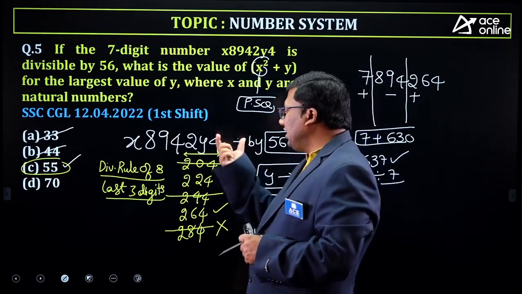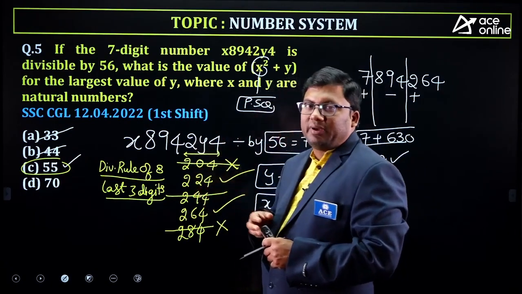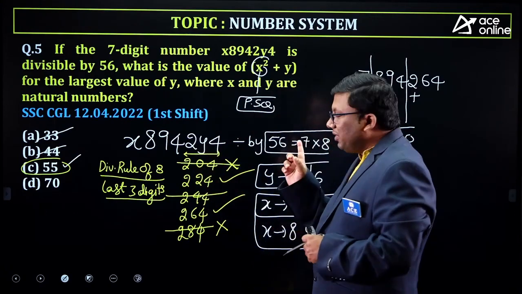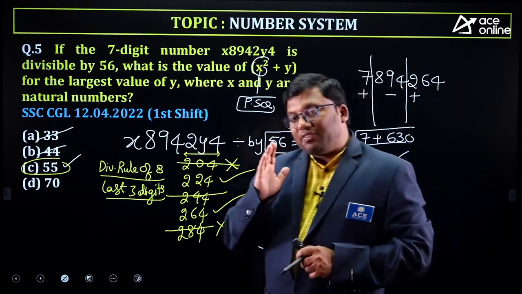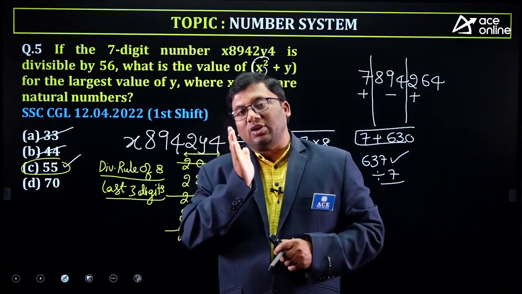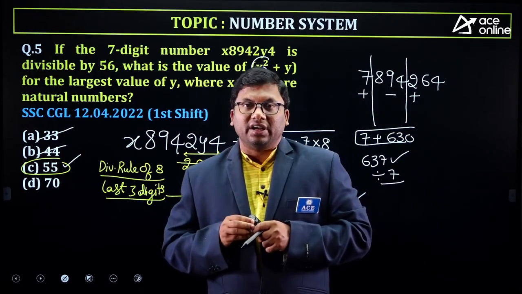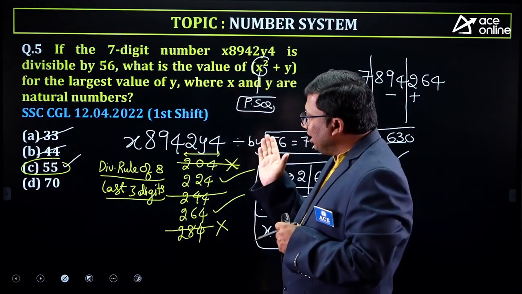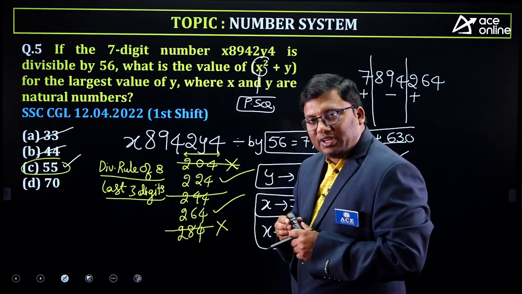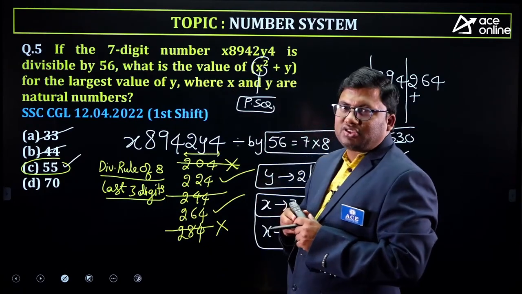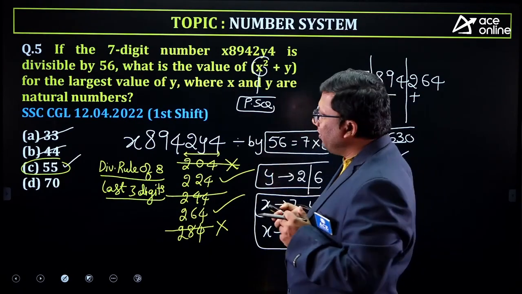Divisibility rule of 8 is that the last 3 digits should be divisible by 8. Divisibility rule of 7 is to start from the right-hand side, take a group of 3 digits, and alternately plus and minus. I hope the concept is clear.